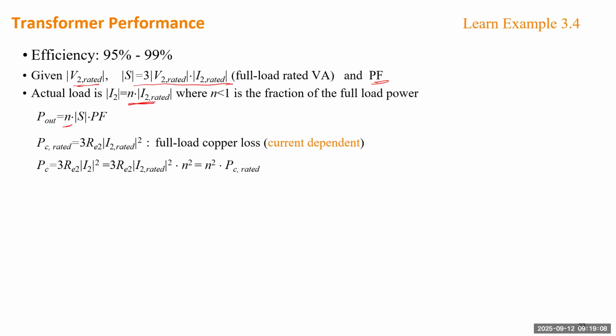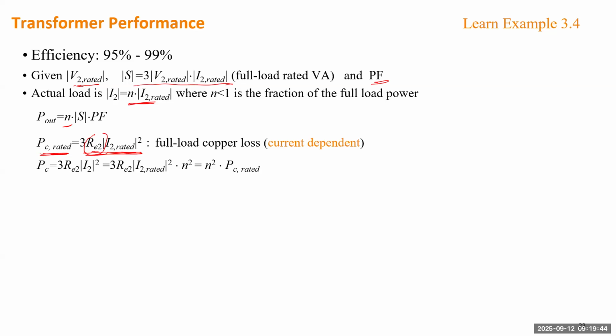If the transformer is operated at rated condition, there will be a copper loss due to the resistance in the two windings. If it's operated at rated currents, this will be the total copper loss. This R_e2 is the total resistance if we transform everything to the secondary side, because the subscript e just indicates the total resistance, and 2 indicates it's after transformation to the secondary side.